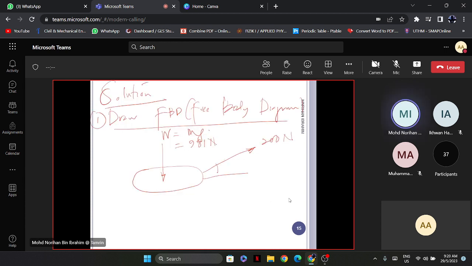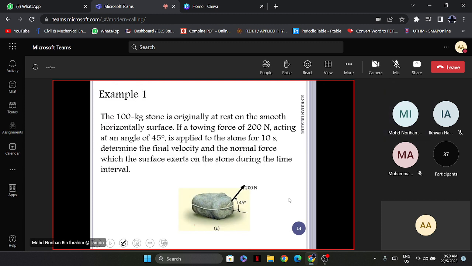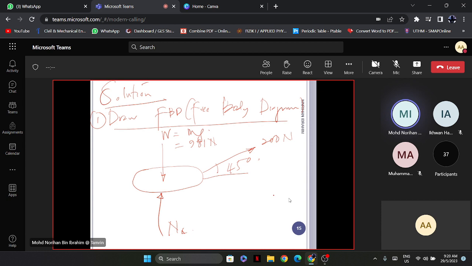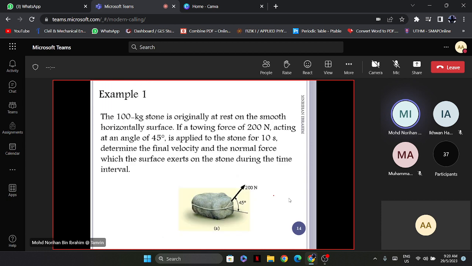And we have the normal force, NA. What else? Of course you need to draw the free body diagram showing all of the forces which act on this physical body, which in this case is the stone.